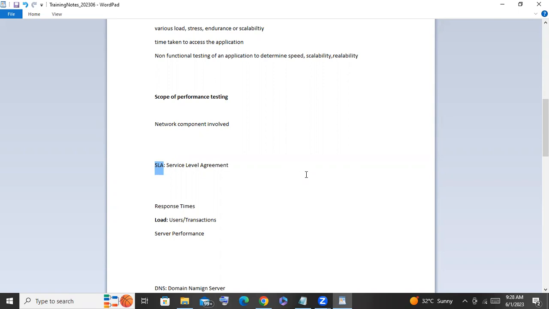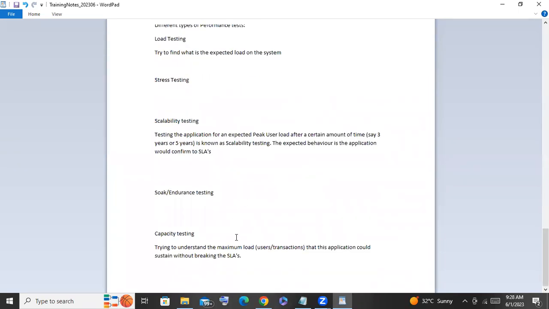So what we are trying to do, as part of the capacity testing, is find the maximum user load that the application would be able to handle without breaking the SLAs. Clear about it, guys? So you'd keep increasing the load, and when I say load, always remember it could be either users or transactions, and you would try to find at what point this application would start breaking.